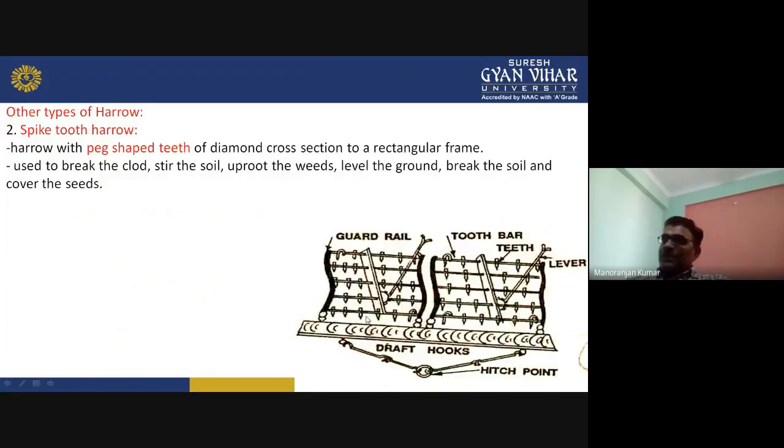Pegs are there, peg shape teeth of diamond cross section fitted to a rectangular frame. So these pegs are fitted on this rectangular frame. This type of harrow is used to break the clods, stir the soil, uproot the weed, level the ground, break the soil, and cover the seed.